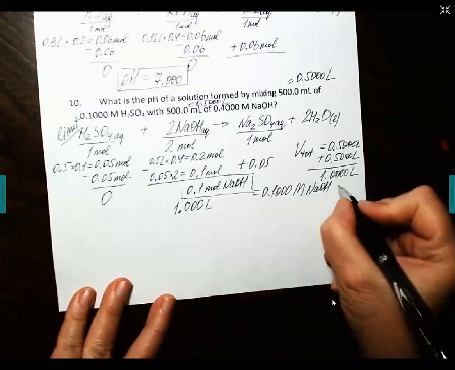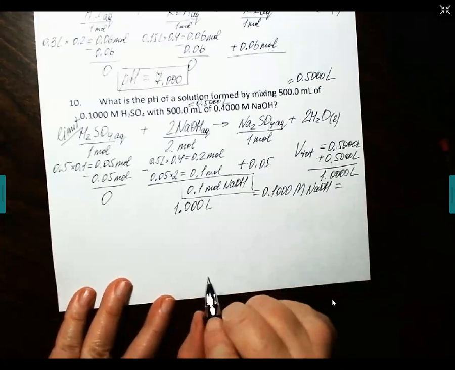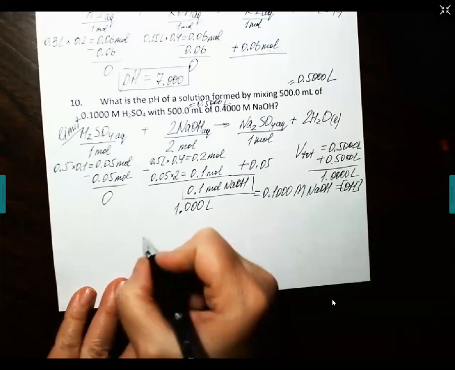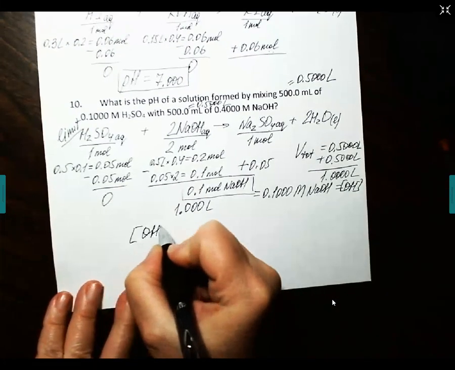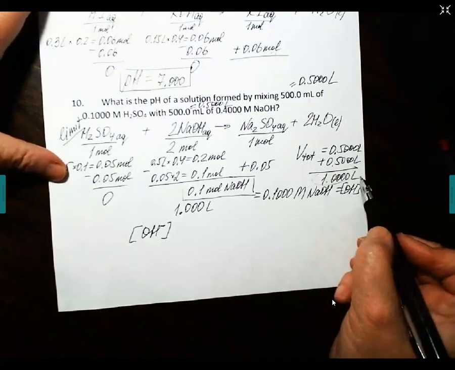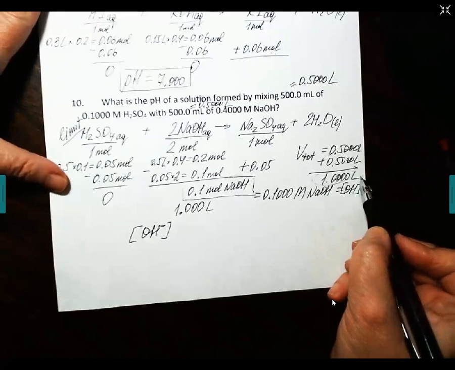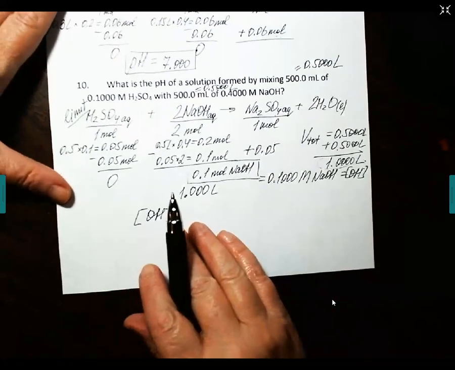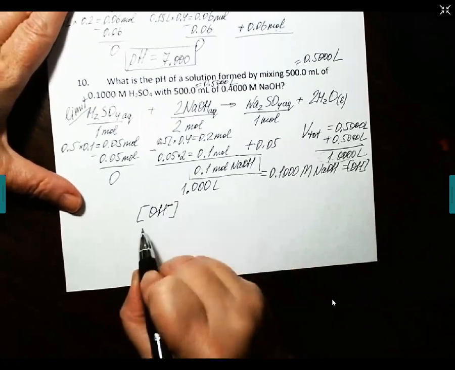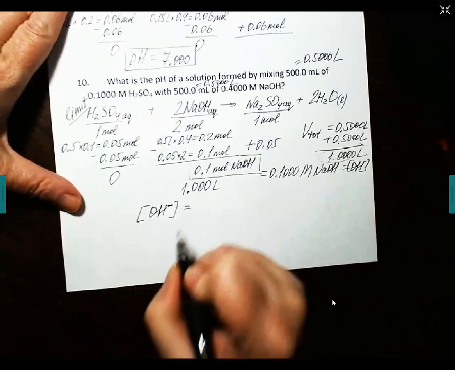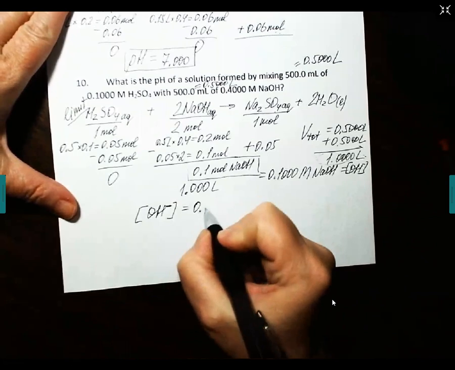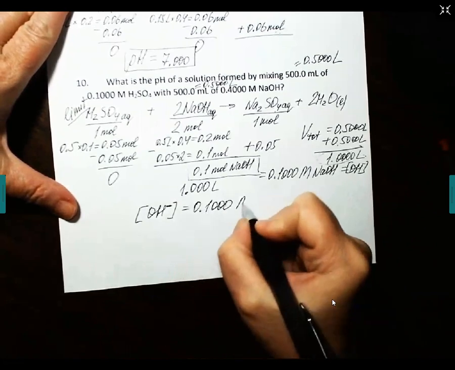Each mole of NaOH contains 1 mole of hydroxide ion. So the concentration of hydroxide ion in our final solution, and don't forget the volume of our final solution is now 1 liter, is the same as the concentration of sodium hydroxide, and it is 0.1 moles per liter.